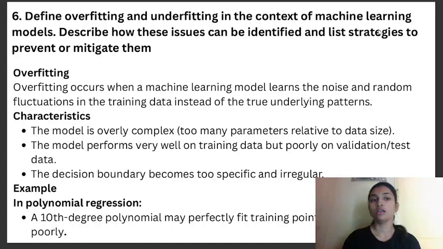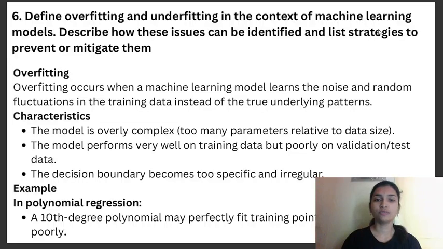What is overfitting? Overfitting occurs when a machine learning model learns the noise and random fluctuations in the training data instead of the true underlying patterns. So overfitting occurs when the model learns too many details from the data. The characteristics are: the model is overly complex, with too many parameters relative to data size.